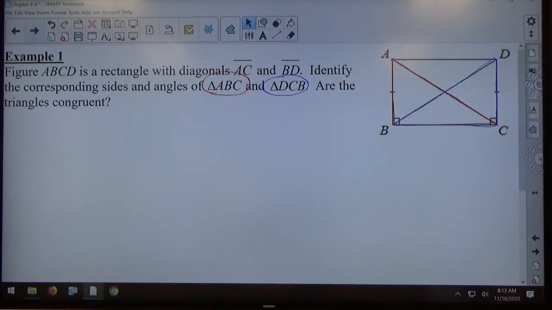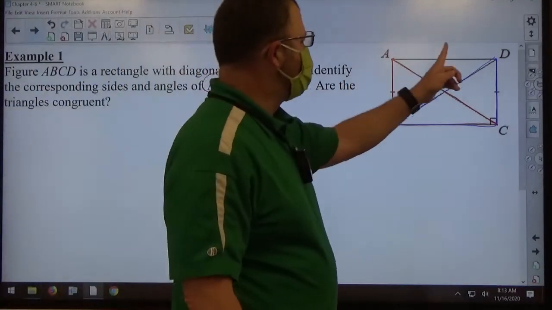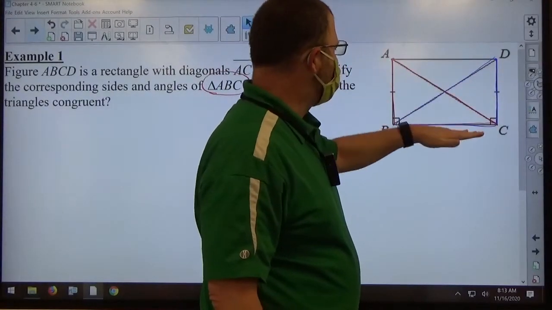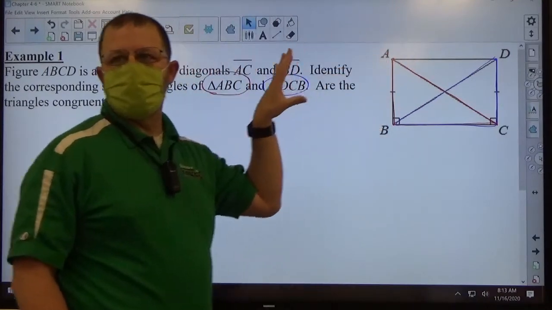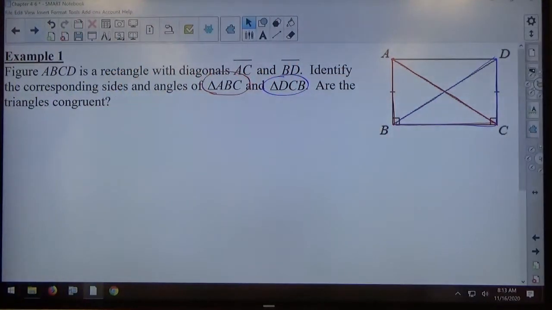The definition of a rectangle is a quadrilateral with 4 right angles such that opposite sides are congruent. So AB should be congruent to DC, AD should be congruent to BC, right angle, right angle, right angle, right angle. That's what should happen based on the fact that it's a rectangle. The stuff that's important to us is what they've got marked.